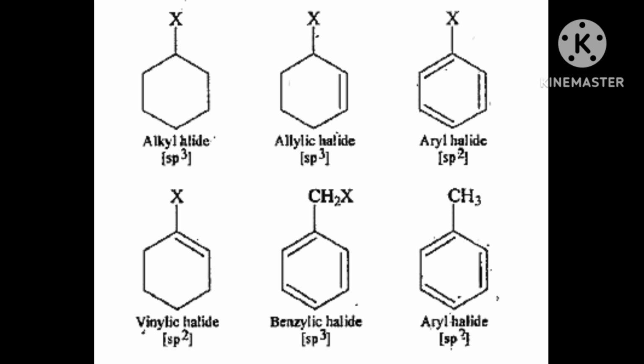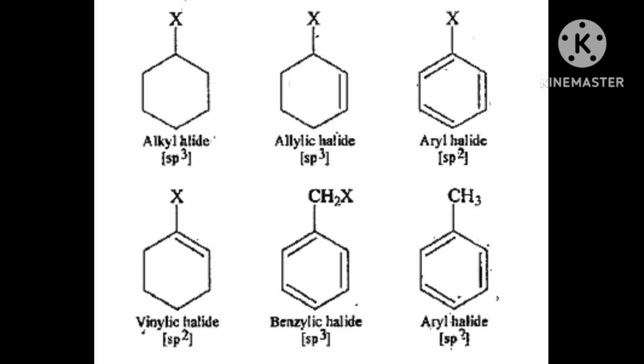Now the next example is CH2Cl2. It is very easy. CH2Cl2 is methylene chloride, which I already discussed, and the IUPAC name is dichloromethane. CHCl3 is chloroform. All are methane compounds.